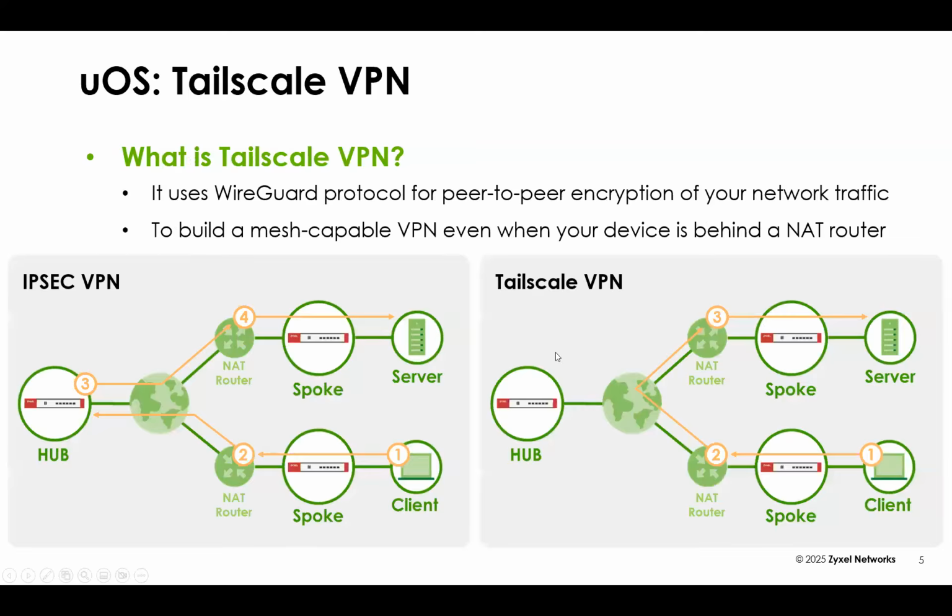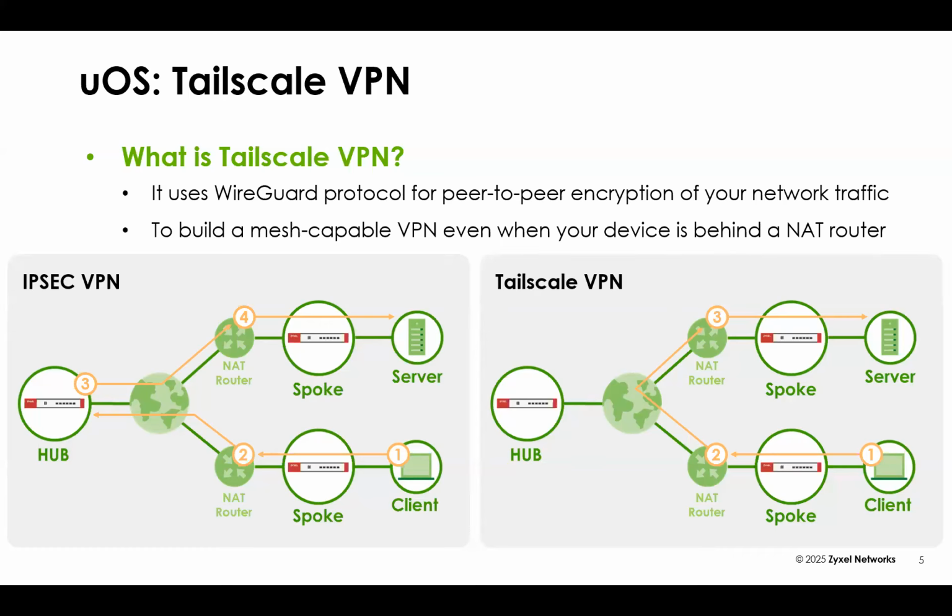So what does the architecture look like when it comes to setting up a VPN? Here we have two scenarios. On the left-hand side, we have what a traditional IPsec VPN looks like. And on the right side, we have the Tailscale VPN. In a traditional IPsec hub and spoke VPN, you have your remote endpoints being the spokes, but then you have a centralized hub.